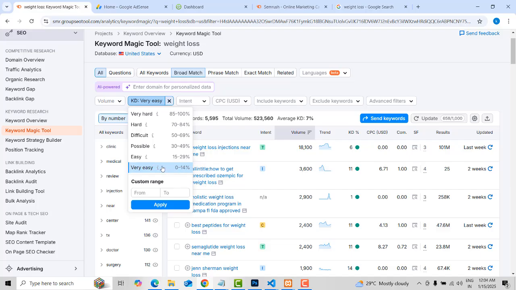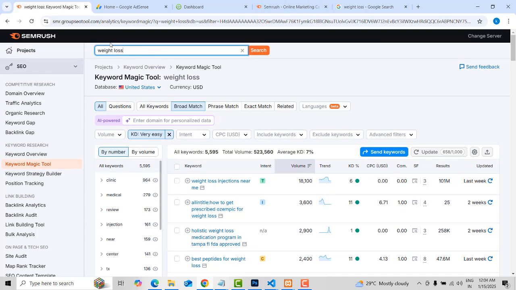If it is not there between 0 to 14, you can go to the second range of 15 to 30. Don't go beyond that rate, beyond 30. If you are a new blogger and take keywords beyond 30, you can't rank a website, so don't take those keywords.